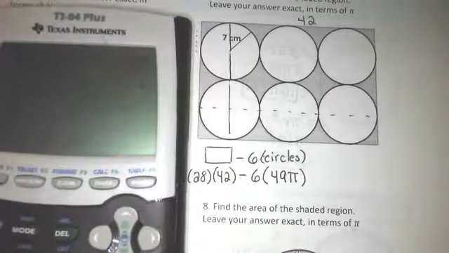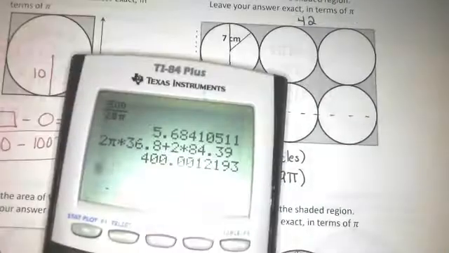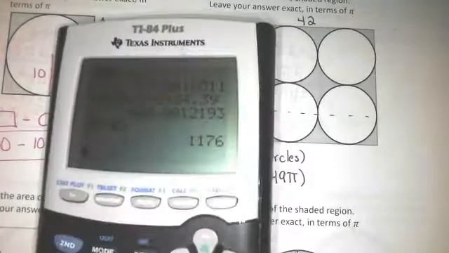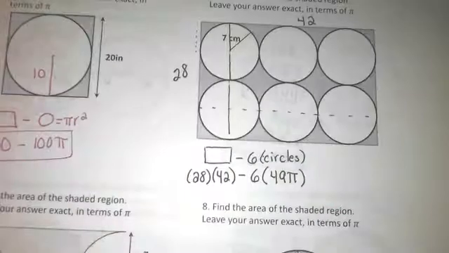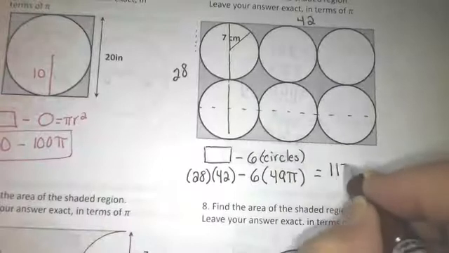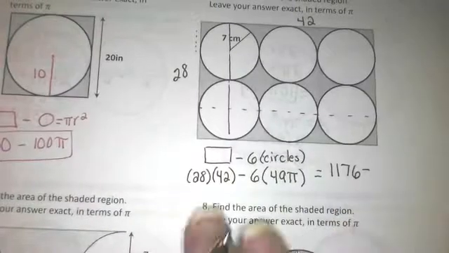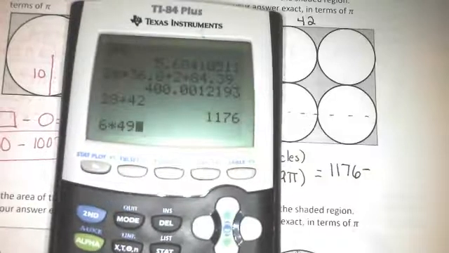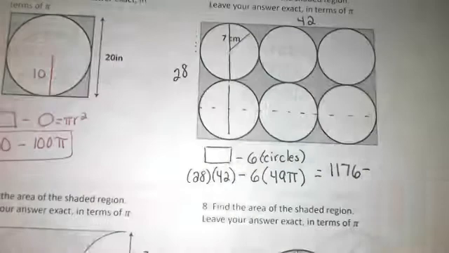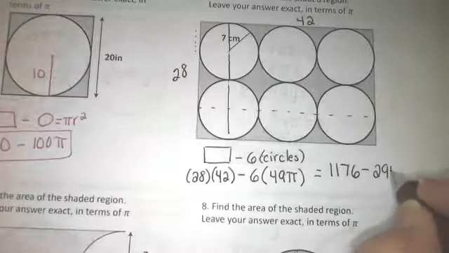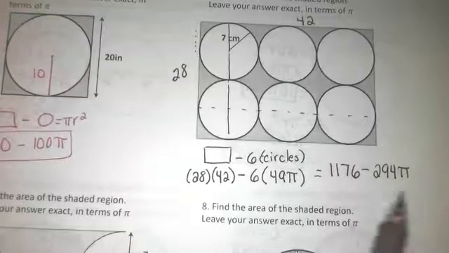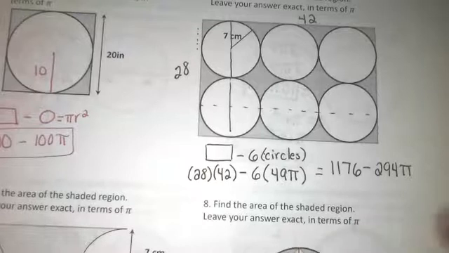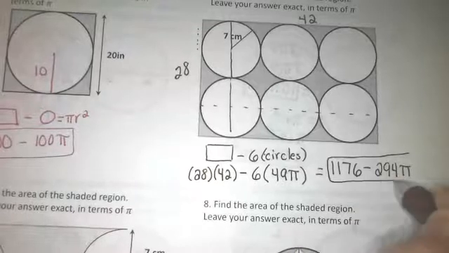Grab the calculator. 28 times 42. 1,176. And then 6 times 49 pi. 294 pi. Please do not subtract those because this one's got a pi and this one doesn't. This is it. That is the answer.